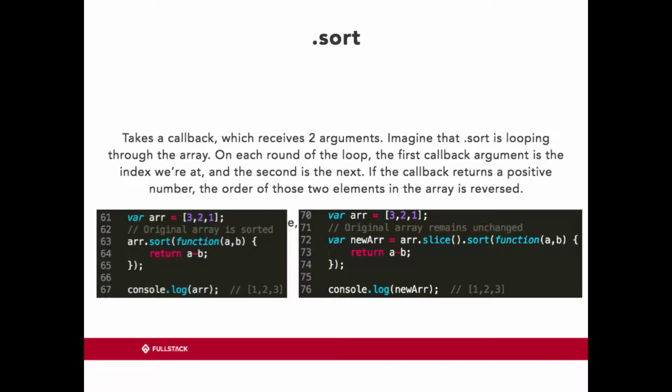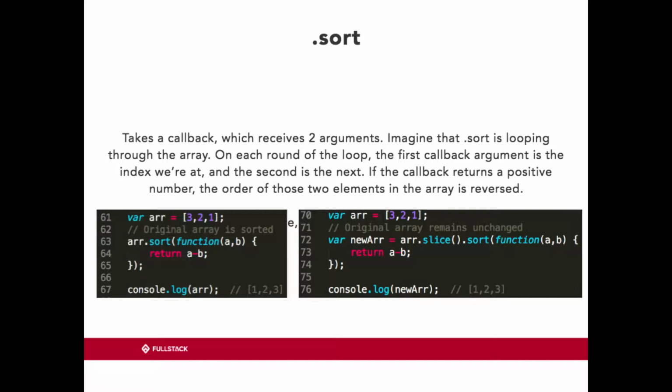This callback is going to give you back a number. If the number is positive, that's an indication to the sort function that it's going to switch those 2 numbers around. If the number is negative or 0, I think it will basically keep the order as it is and move on to the next element.